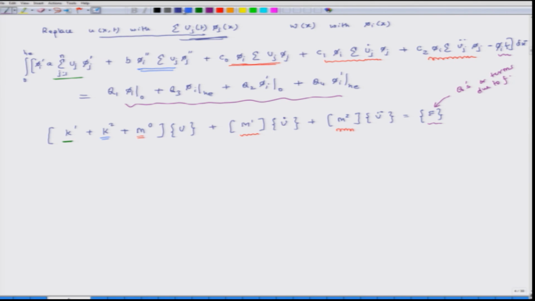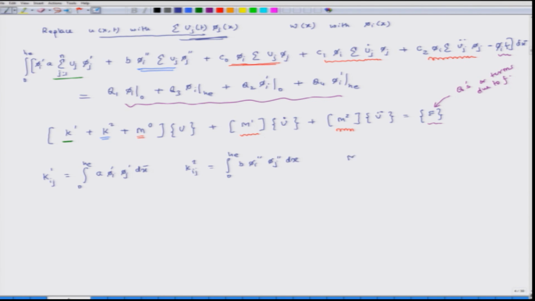So, explicitly we will write down the relations quickly. K I j 1 equals integral of a phi I prime phi j prime dx from 0 to h e. k I j 2 is equal to integral from 0 to h e of b times phi I double prime phi j double prime dx.